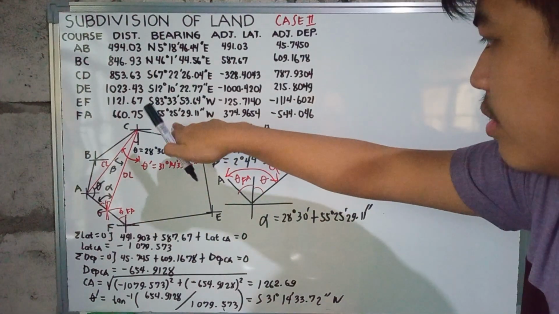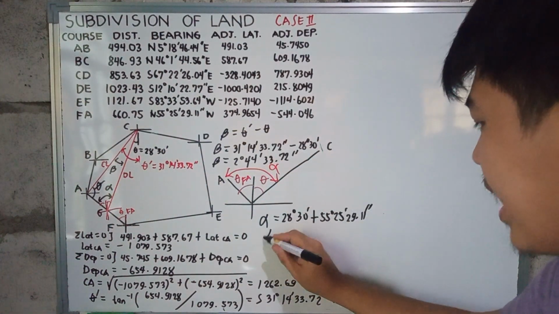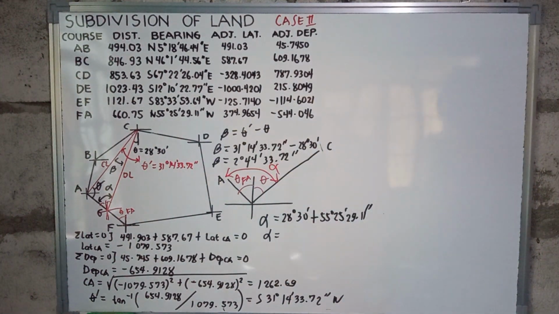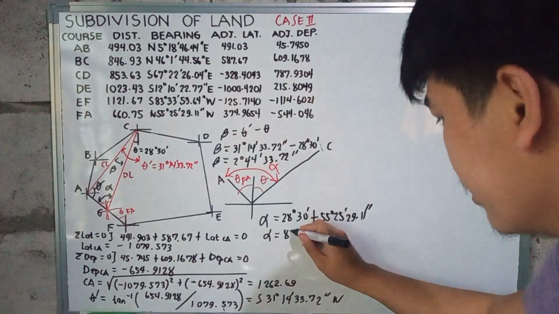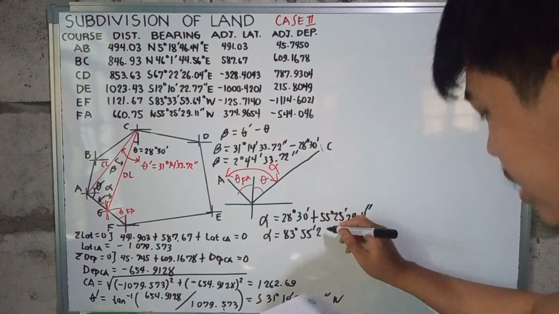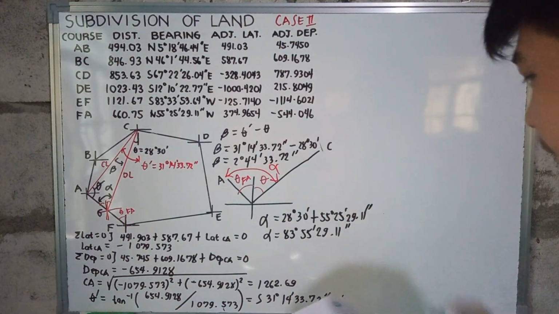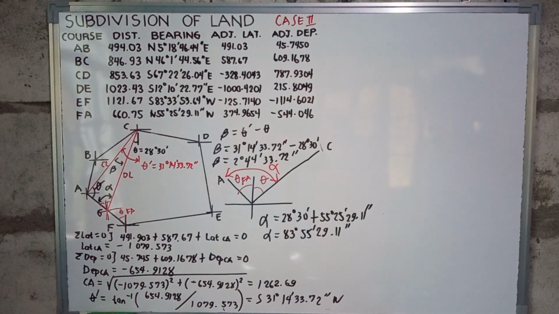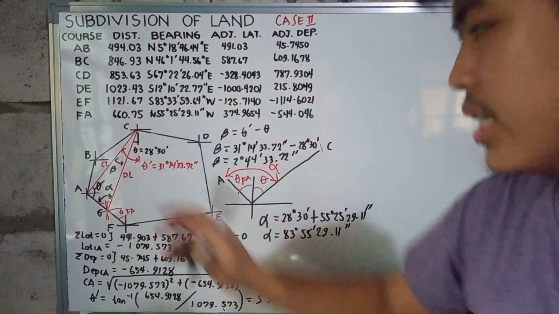Pag-add lang natin, alpha is now equal to 83 degrees, 55 minutes, 29.11 seconds.